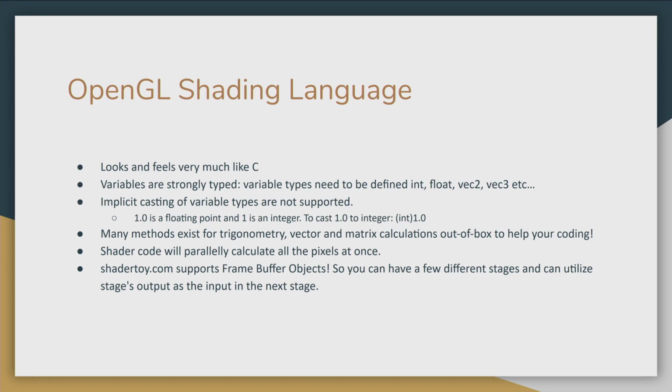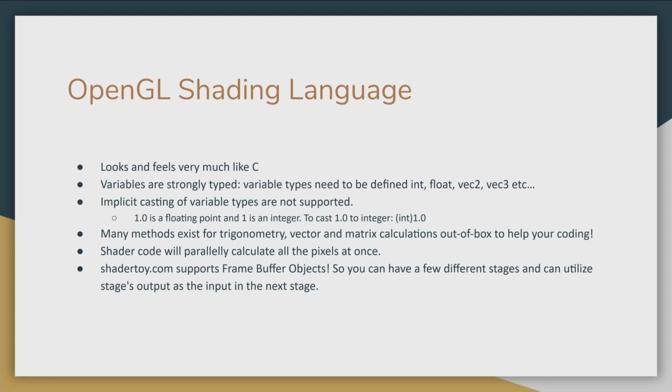If you happen to have a background in coding, let's say JavaScript or some other not strongly typed language, then you might have a bit rougher start, because all the variables in GLSL, the OpenGL shading language, are strongly typed, meaning that you need to define the variables that you use.